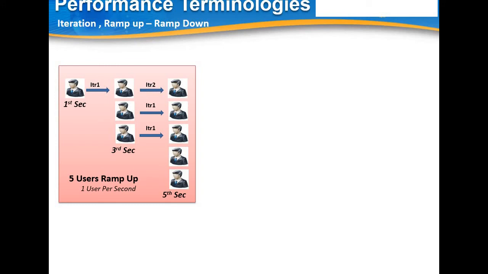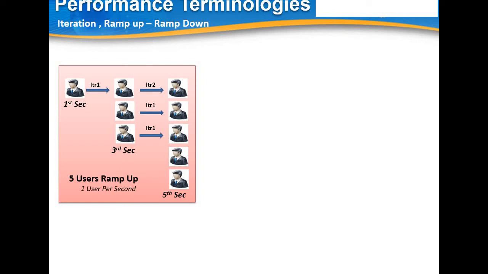Ramp up is how we want load to be applied in the application when we start a test. If I need to apply a 100 users load, I cannot say that all 100 users will jump into the application at the same time. No, I don't do that, because that is not a real-time scenario. So with the help of ramp up, I will design this scenario.